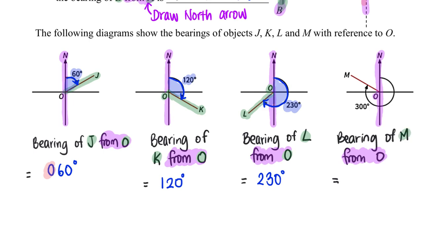Step 2, you must know where the bearing ends. Step 3, draw an arrow in a clockwise direction starting from the north arrow until the ending line. And this will be the bearing that we are looking at. In this case, it's 300 degrees.